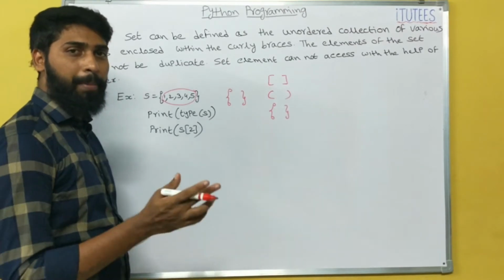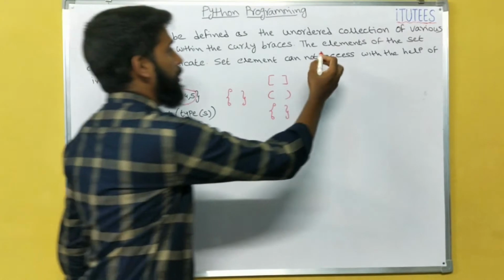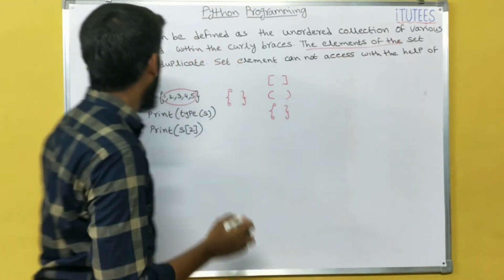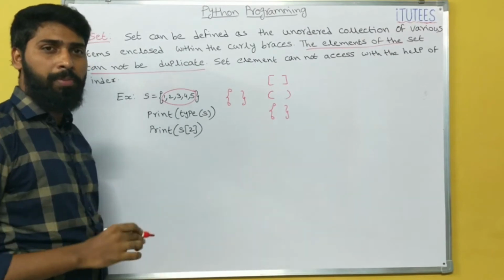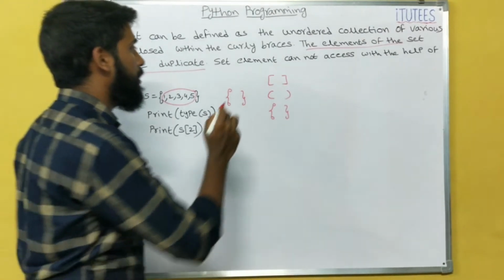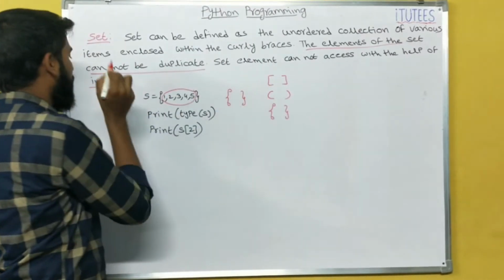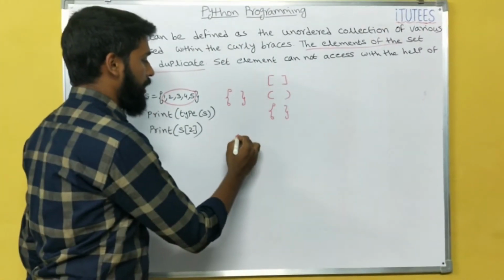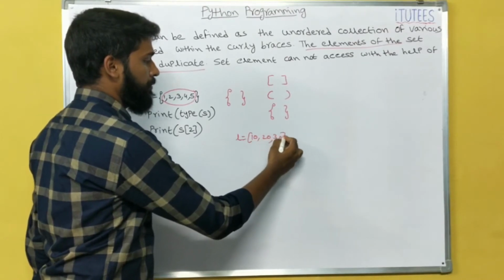So what is the main difference between sets and tuples and lists? The elements of a set cannot be duplicate. And another one is that set elements cannot be accessed with the help of an index. So what does that mean? L equals 10, 20, 30.